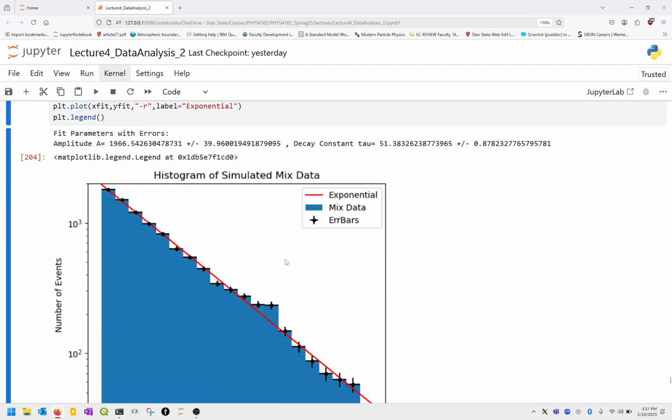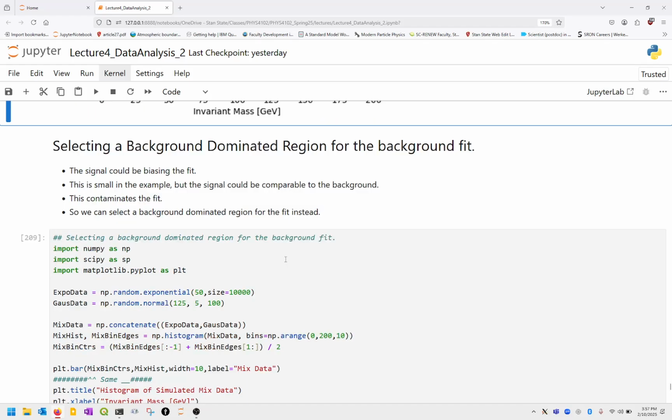What you're doing is selecting what's known as a background dominated region for your background fit. Because if you want to fit to your background, you pick the part of the histogram that is mostly background, because the signal could be biasing the fit.